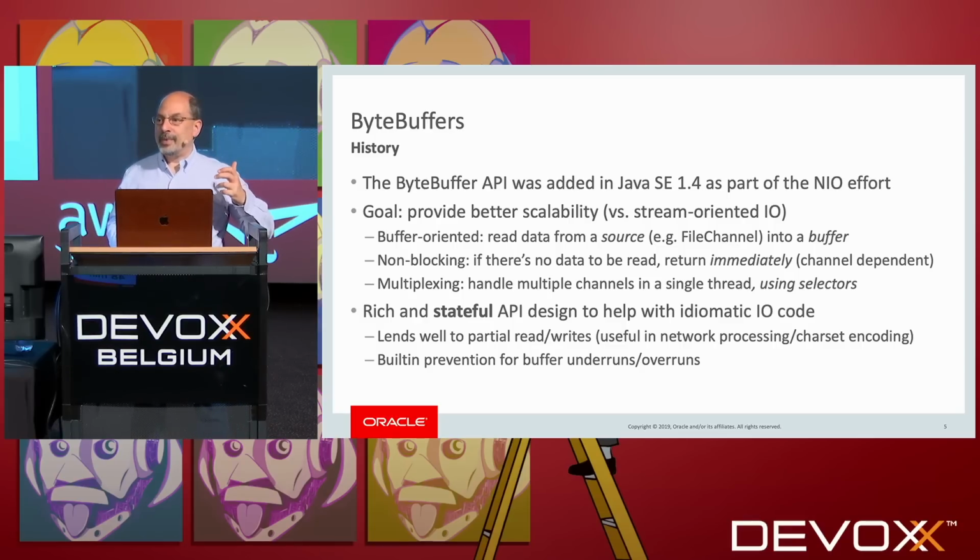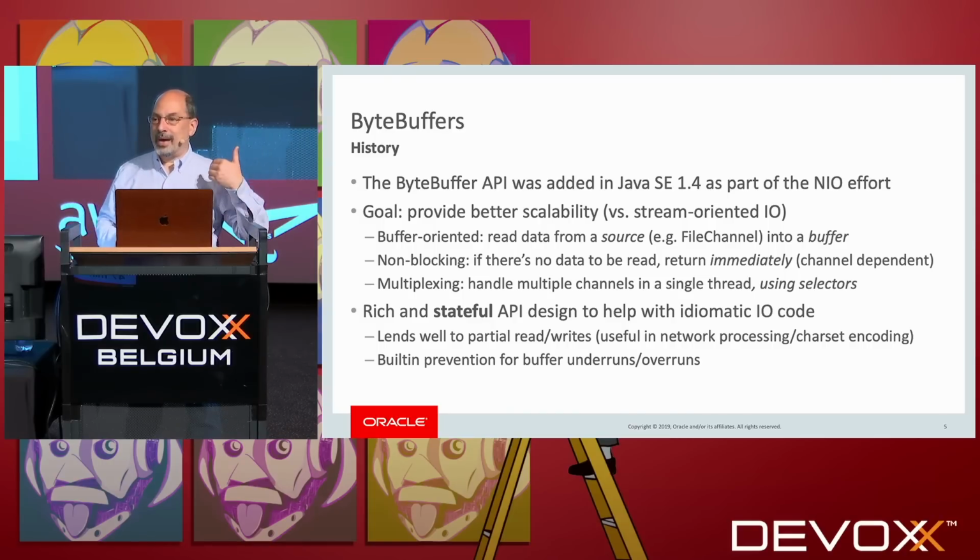A ByteBuffer is a region of memory that you can put data into and take data out of, and it's a stateful thing that you pass around. So if you want to read from a socket in a non-blocking way, you pass a ByteBuffer to the socket API, and it's going to fill it up with some data.